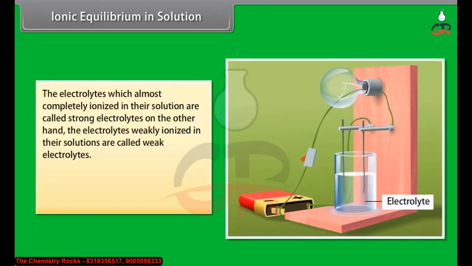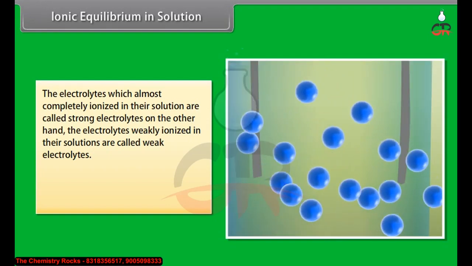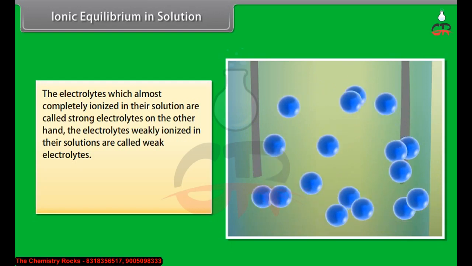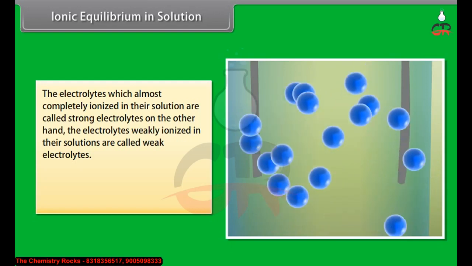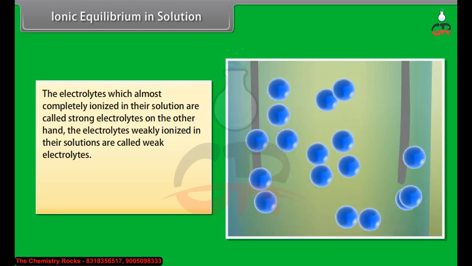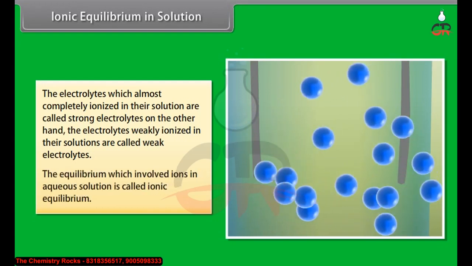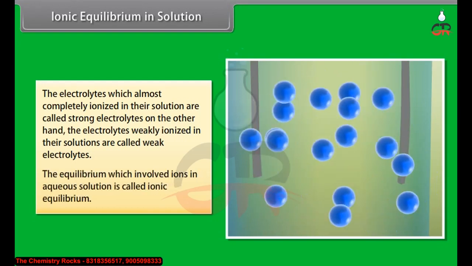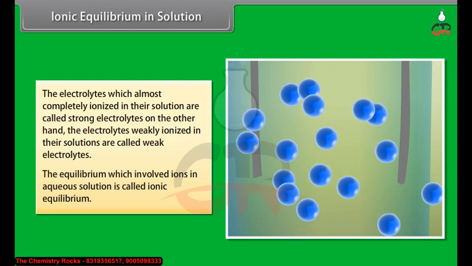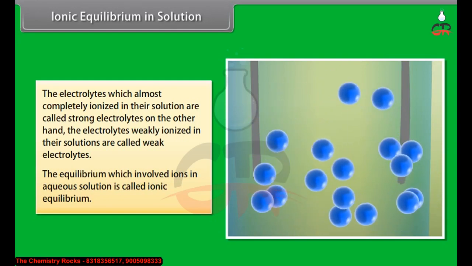The electrolytes which almost completely ionized in their solution are called strong electrolytes. On the other hand, the electrolytes weakly ionized in their solutions are called weak electrolytes. The equilibrium which involves ions in aqueous solution is called ionic equilibrium.